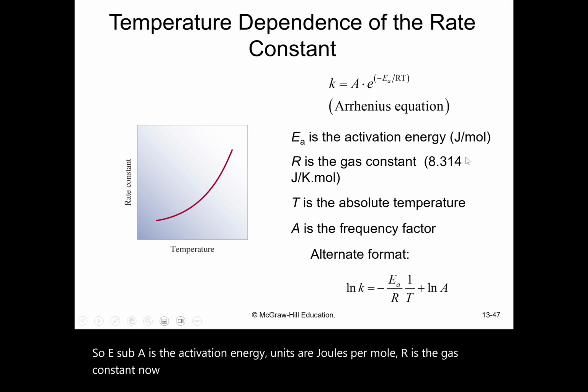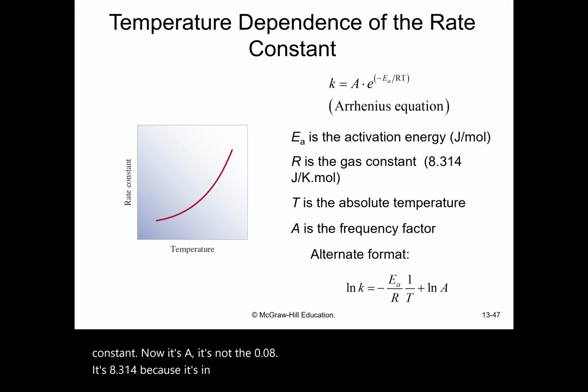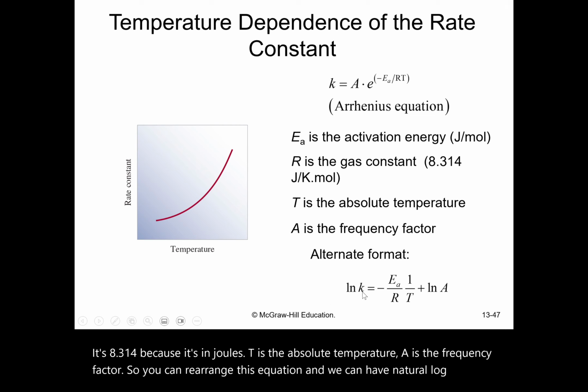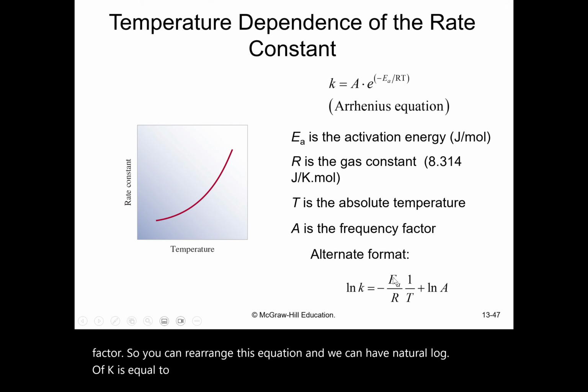Now it's not the 0.08, it's 8.314 because it's in joules. T is the absolute temperature, A is the frequency factor. You can rearrange this equation and we have natural log of K is equal to negative activation energy over R times T, plus natural log of A.